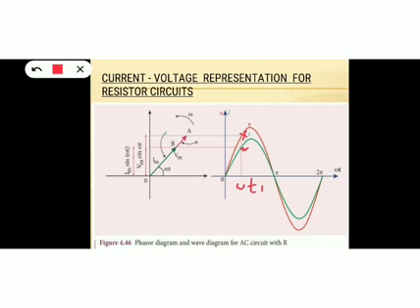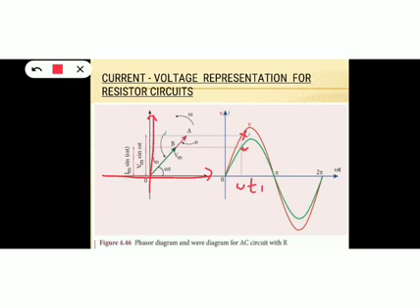And if you want to draw the phasor diagram of a purely resistive AC circuit, first draw a y-axis, then draw an x-axis as shown in the figure. Then just mark the points which are at the same level as the point on the graph.